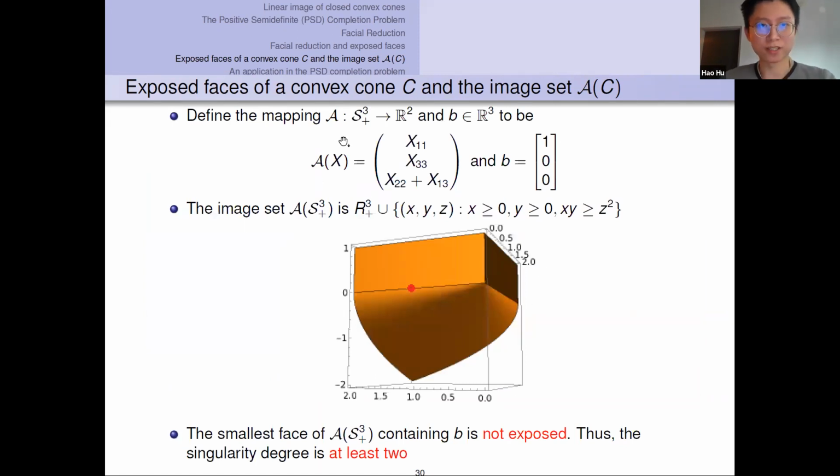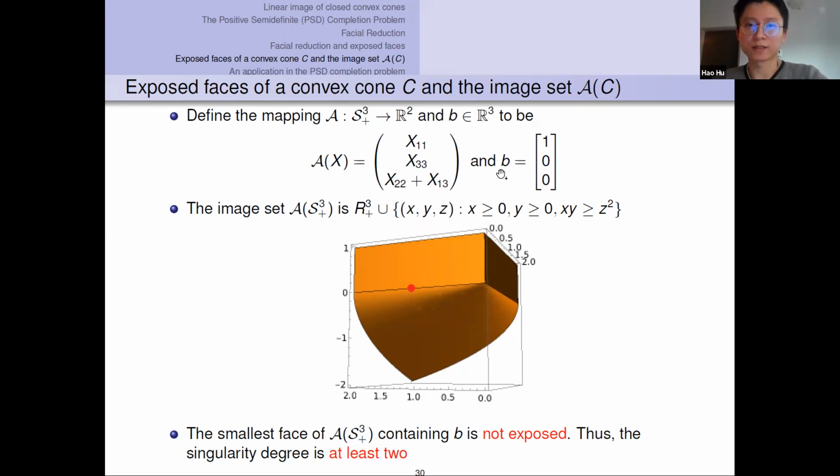let's look at the following example, which gives a linear mapping A from the 3x3 PSD cone to R3 here. Again, it's similar. We have the first diagonal entry x11, the last diagonal entry x33, and additionally we have the last entry, which is x22 plus x13.